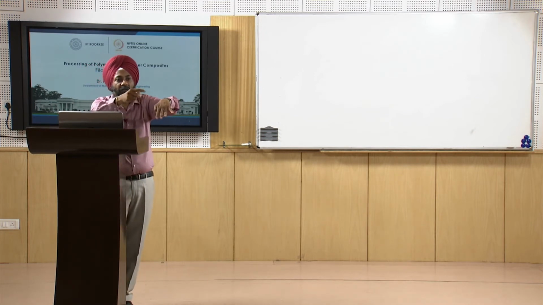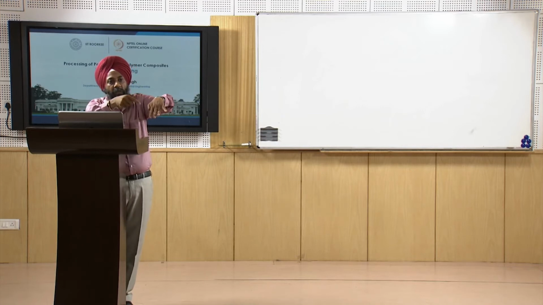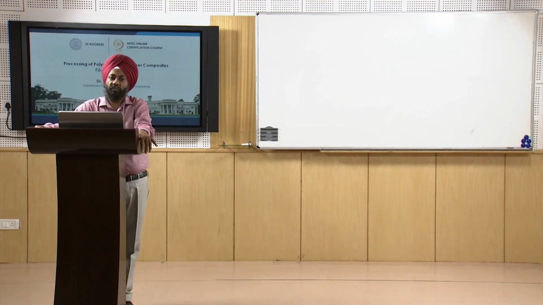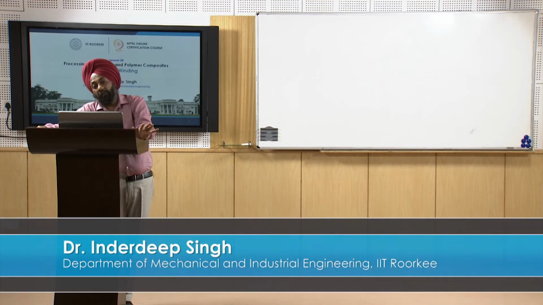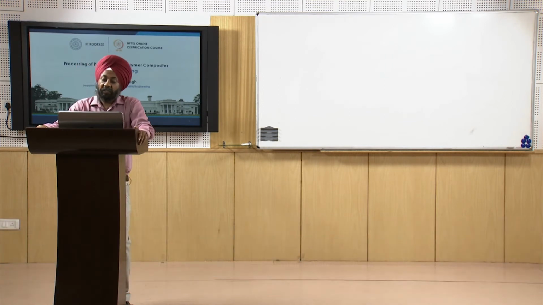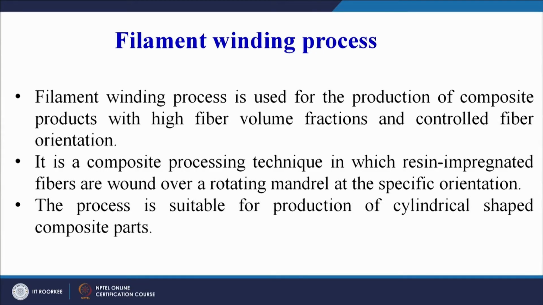On a lathe we have a rotating job. So a similar type of mandrel will be rotating on a similar type of machine, and these will be wound over the rotating mandrel continuously. So this is the basic fundamental, or the basic mechanism, of the process. So it is a composite processing technique in which resin impregnated fibers are wound over the rotating mandrel at specific orientation.